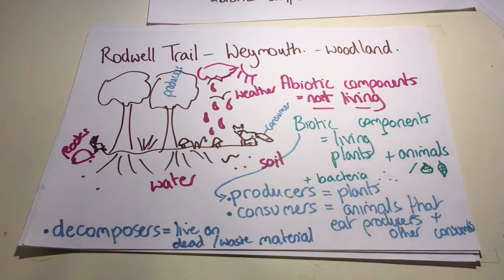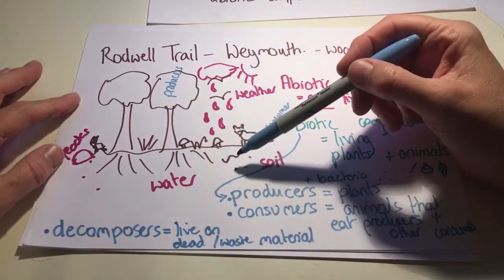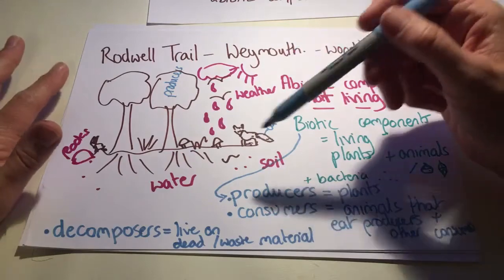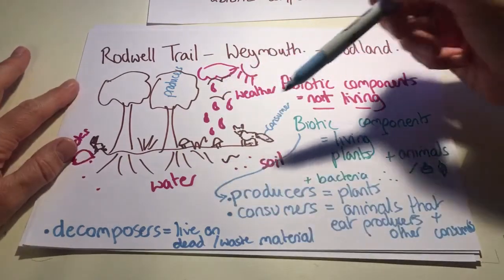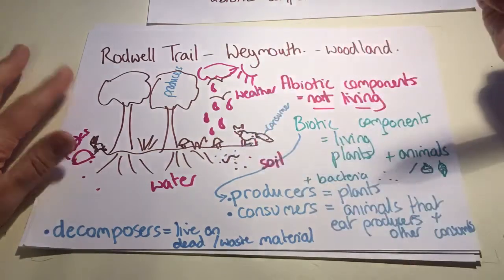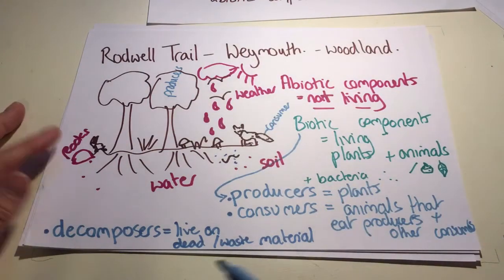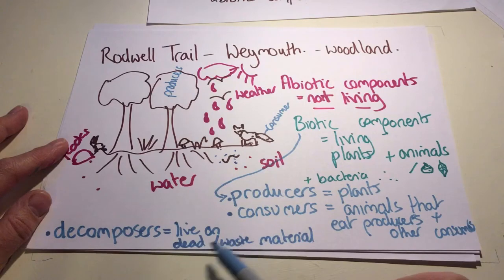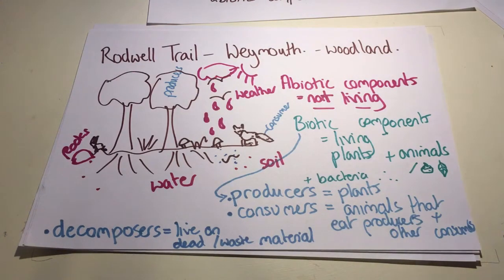So if you're kicking through dead leaves on the ground in autumn, you'll see mushrooms, and you'll see worms, and you'll see woodlice. And you won't see, but they are there, micro organisms like bacteria, and they are breaking down this dead waste material. We'll come on to that in a second. So just take a minute, look at those words, make sure you're happy, and we will move on.